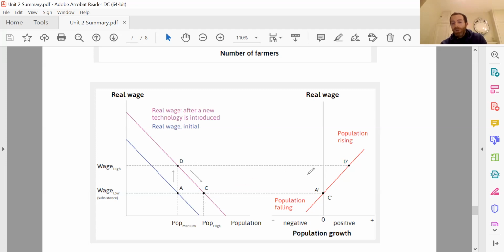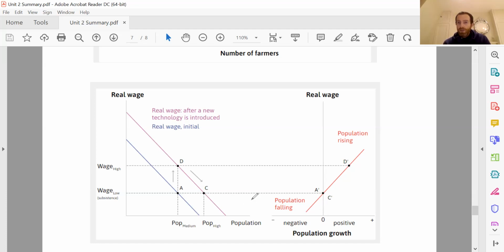And the link with the right-hand side here is to show us the second part of Malthus's model, which is when wages go up, population growth could become positive. When wages fall, population growth becomes negative, right? So higher wages, higher living standards encourage population growth, and lower wages would encourage population decrease.